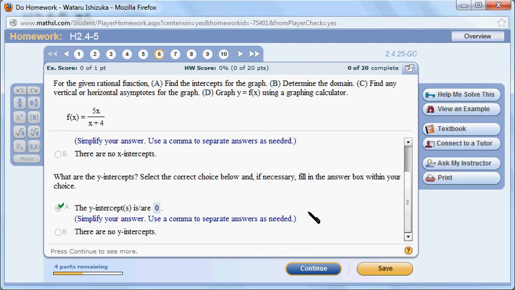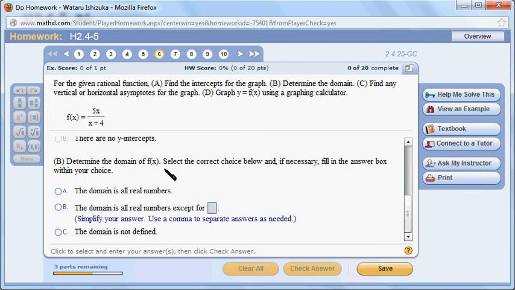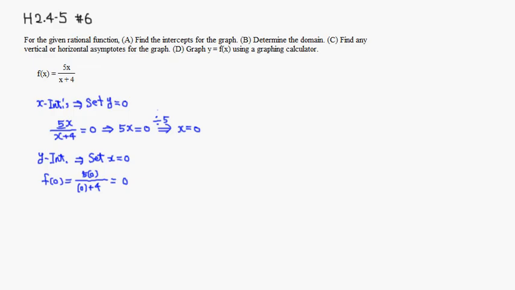All right, what's the next question? Continue. Determine the domain of f of x. If you want to find the domain, and this is part B, we just have to remember that whenever you have a fraction, say 1 over something, the denominator has to be non-zero.